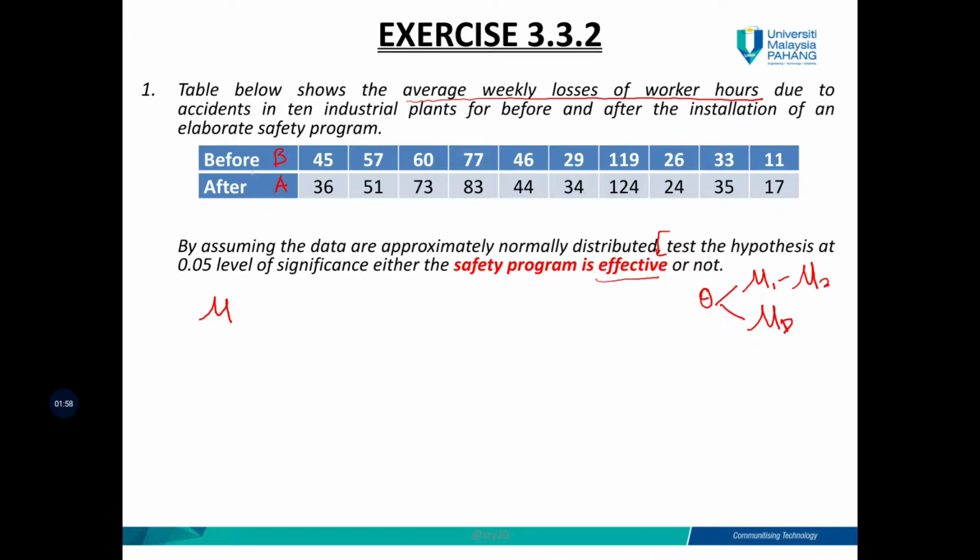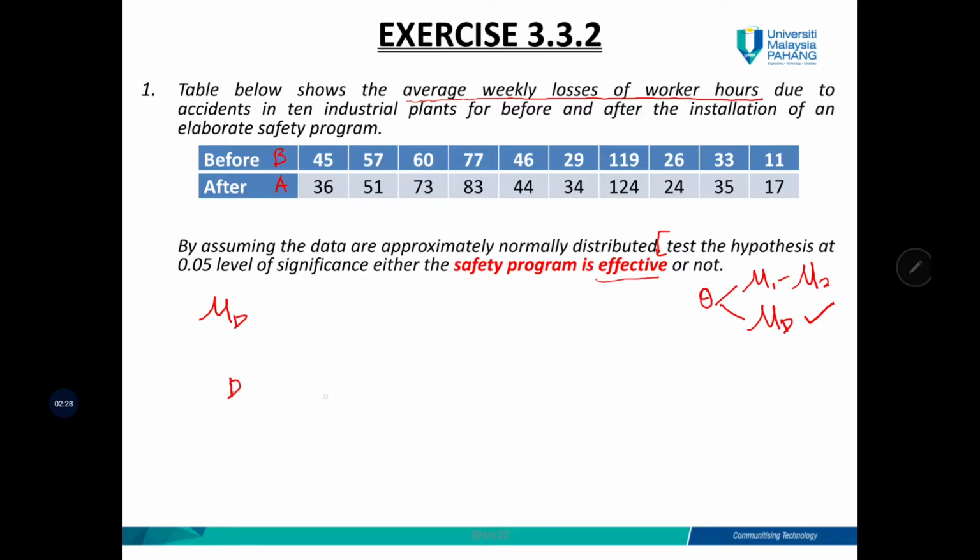We can see that data before and data after are related to each other, because we look at the same plants. So that's why the suitable one is mu d, where d is the data difference.